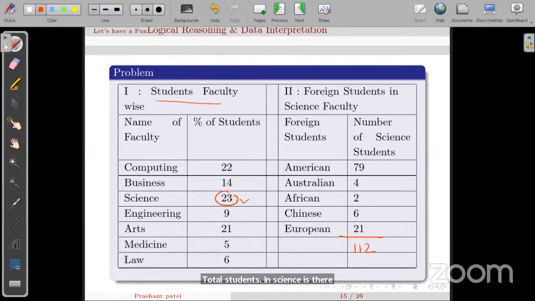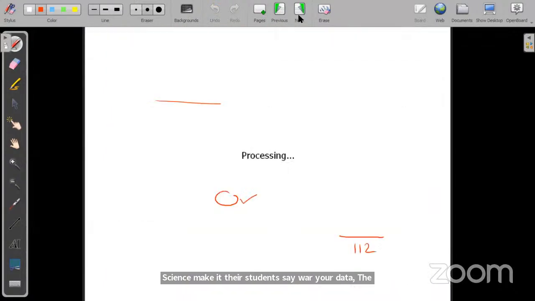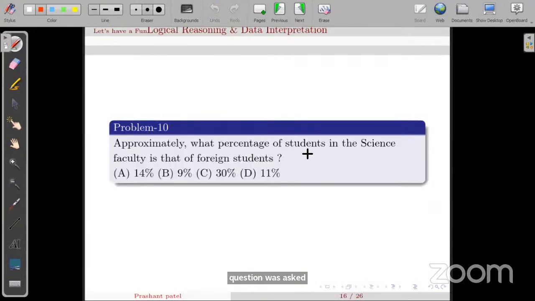साइंस में कितने स्टूडेंट्स हैं वो ये डेटा बता रहा है. The question asked is what percentage of students in the science faculty are foreign students; हमें वो फाइंड करना है. Varun, are you understanding what I'm saying? 1049 23% is the total science students, it will give me the total science students percentage.